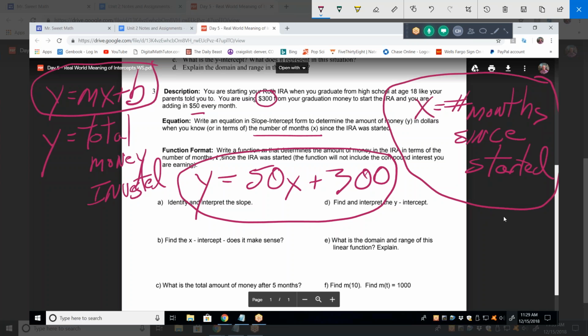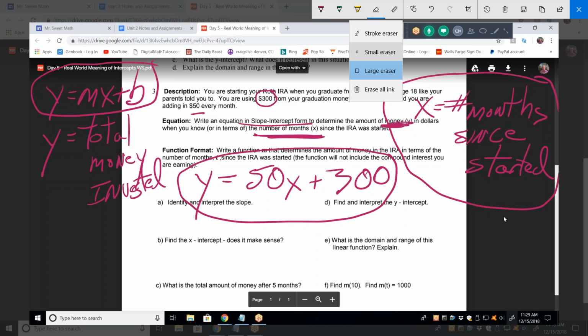Okay. So it also satisfies, we're in slope-intercept form, to determine the amount of money in dollars given the number of months. So this is perfect. Okay, hold on a second.